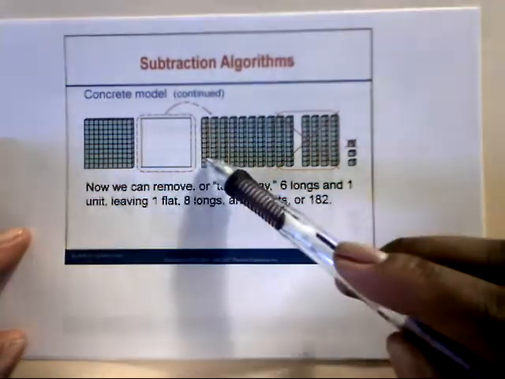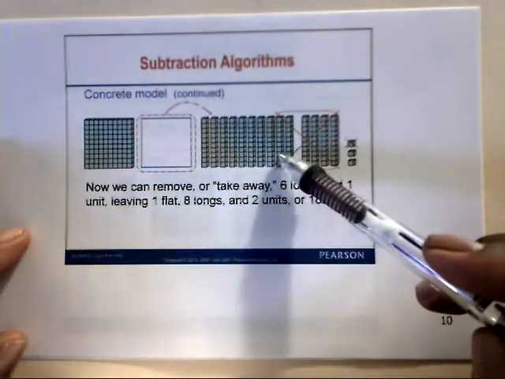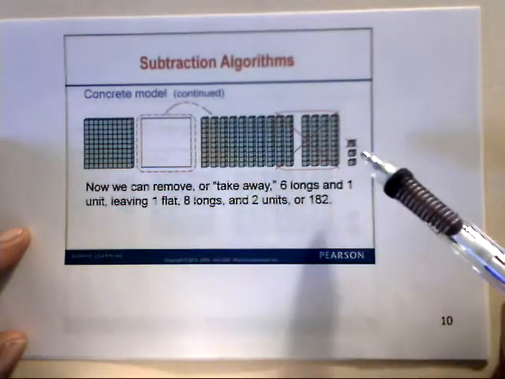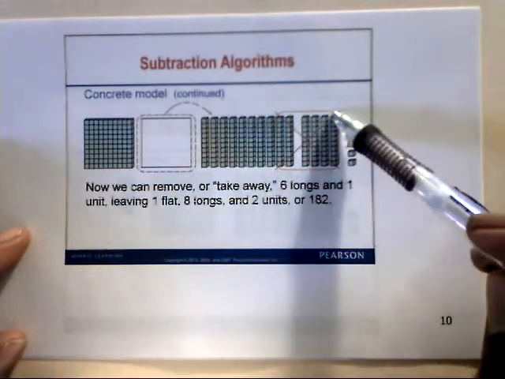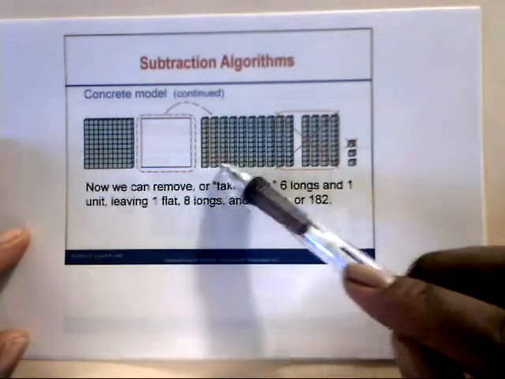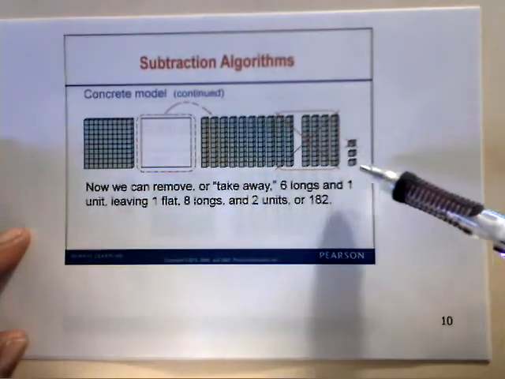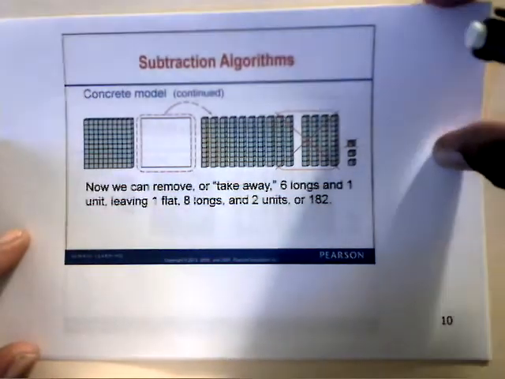This 1 flat was traded for 10 longs, as you can see. Now we can take away 1 unit and also the 6 longs, which will leave us 1 flat, 8 longs, and 2 cubes, 2 units, or 182.